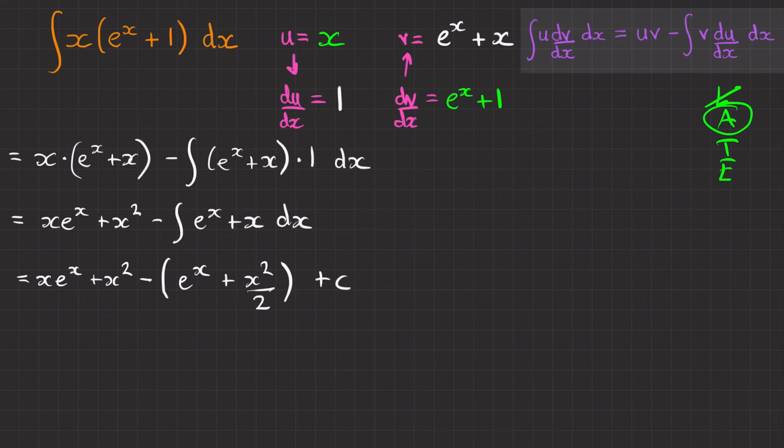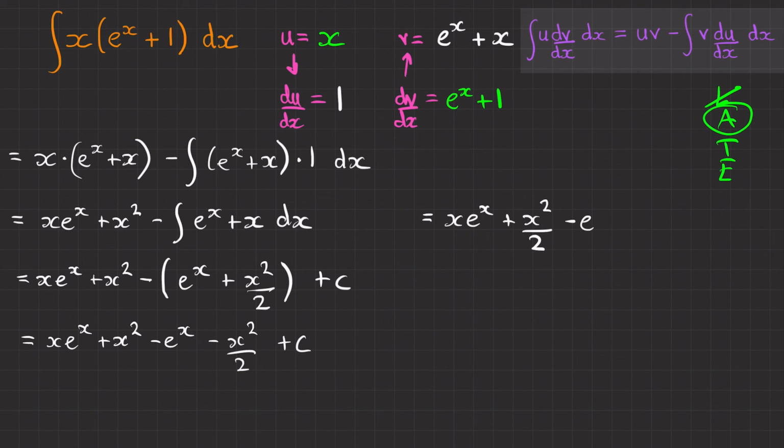And we've got plus c. I'll try and simplify this out. So we've got x e to the x plus x squared minus e to the x minus x squared over 2 plus c. Then we've got like terms which we can simplify, which will give us a final answer of x e to the x plus x squared over 2 minus e to the x plus c.